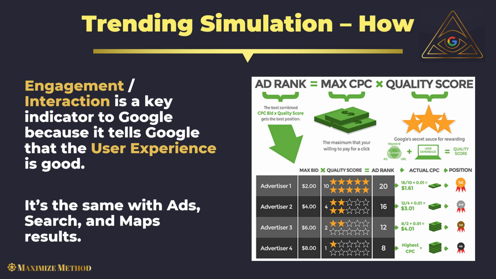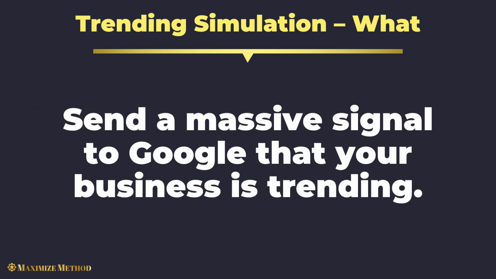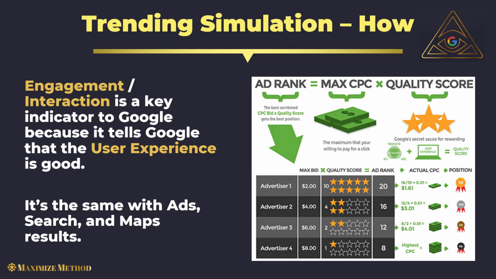And since Google Business is so prominent in the search results, most of these people will be clicking on the Maps listing for that clothing shop. And so this sends a massive signal to Google that this business is trending. And in order to continue giving people what they want, which is what Google is all about, user experience, they will give this listing more visibility over the other competing listings.